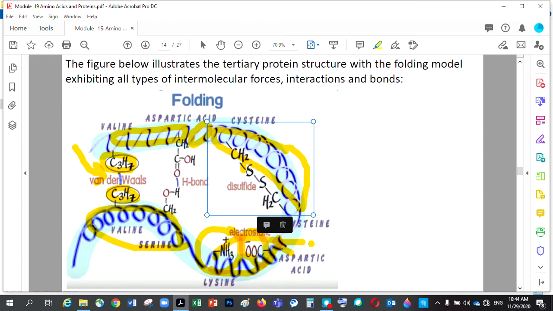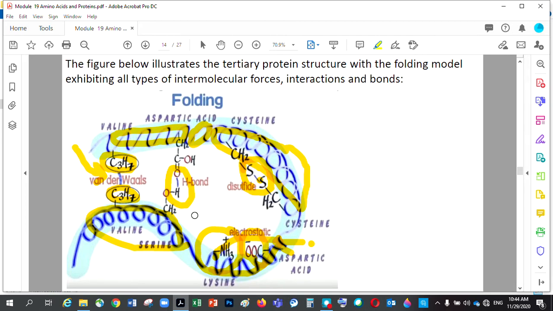This is SS, disulfide bond or bridge. And then here we have another bond called hydrogen bond. If you look at here, this one is a hydrogen bond. The ionic interaction here can also be called a salt. It's making a salt, so we can have ionic salt interaction as well.